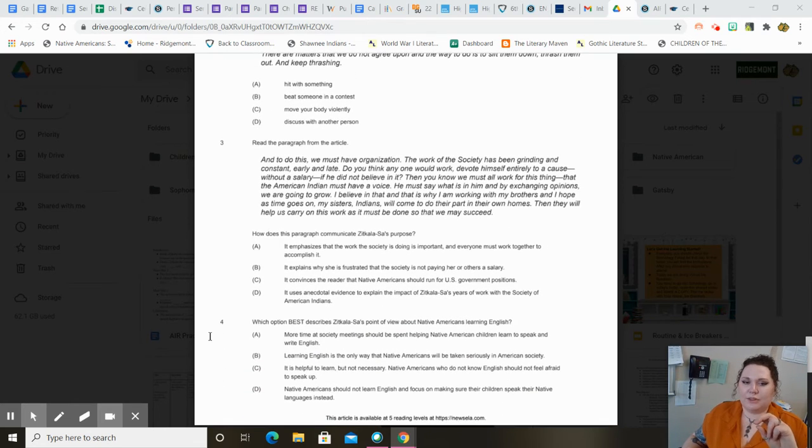In the third question, we're going to read this paragraph. Again, when annotating, we need to highlight, circle, whatever, when that paragraph comes up. The paragraph says, "And to do this, we must have organization. The work of the society has been grinding and constant, early and late. Do you think anyone would devote himself entirely to a cause without a salary if he did not believe in it?